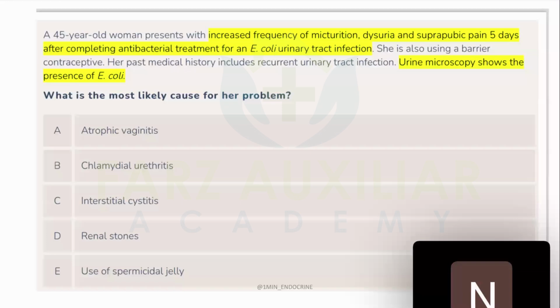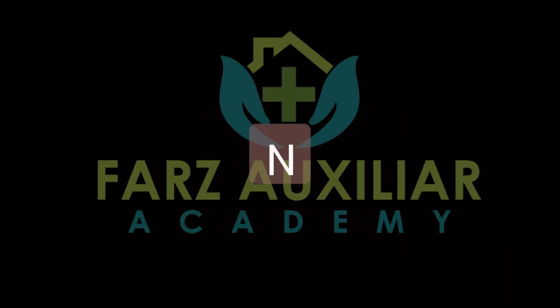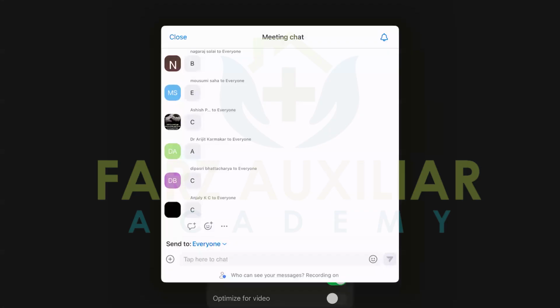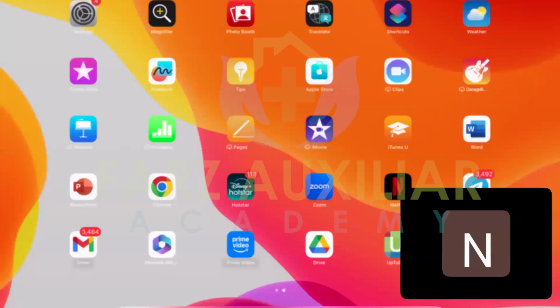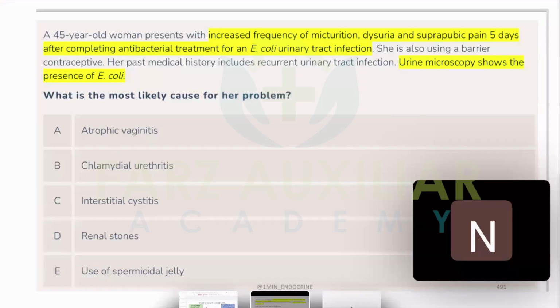Is it interstitial cystitis, sir? Let somebody else just give the others a couple of minutes to think, because I think everybody is thinking out of the box suddenly. Okay, B, E, C, A. Okay, so most of the people are going with option C, interstitial cystitis.